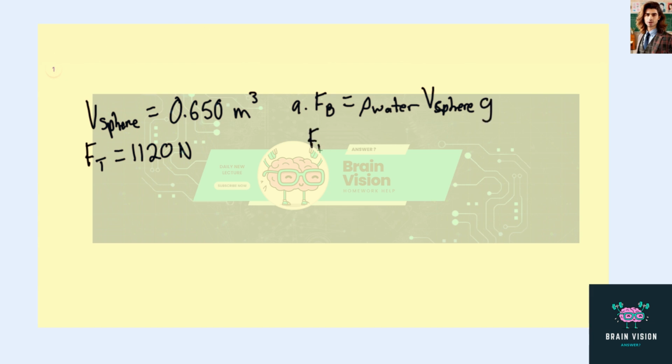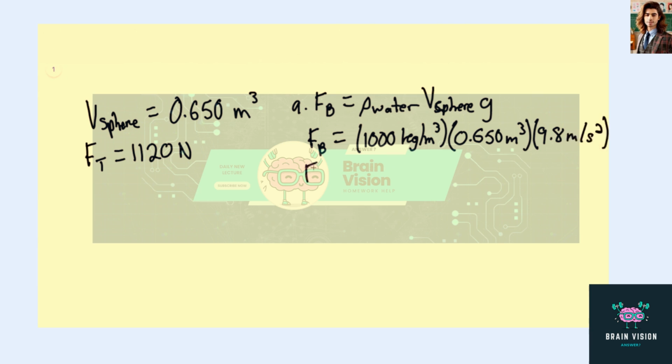Here, we simply substitute in for our density of water of 1,000 kilograms per meter cubed, the volume of the sphere being 0.650 meters cubed, and then gravity being, of course, 9.8 meters per second squared. We find that the buoyant force is equaling 6,370 newtons.